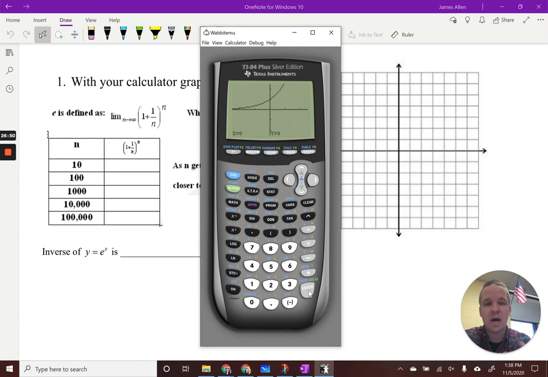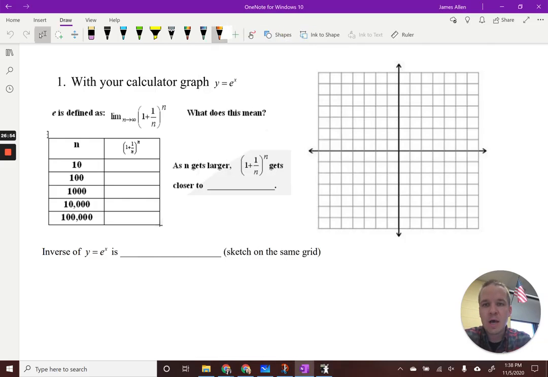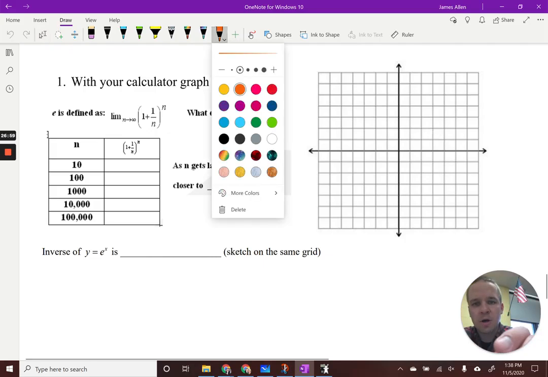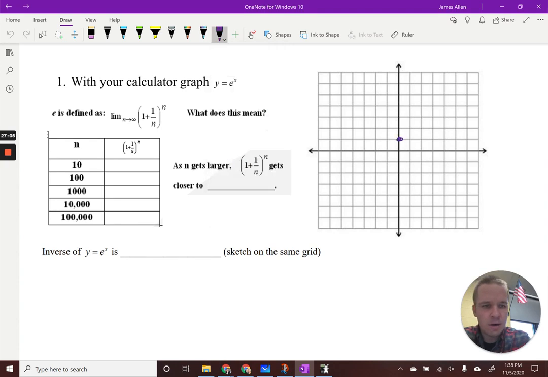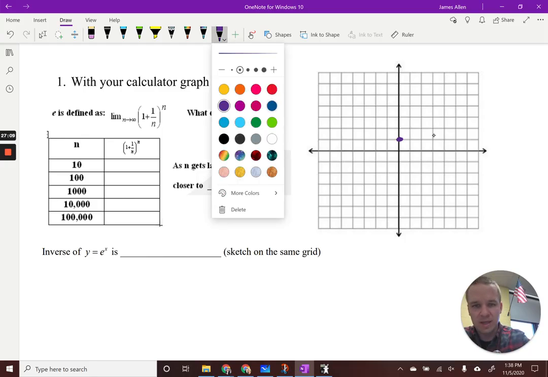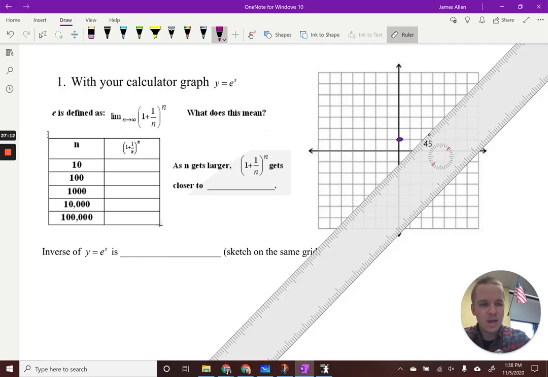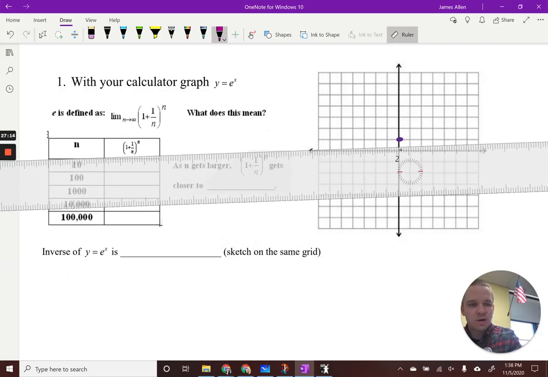So let's graph this in our notes on our xy coordinate plane. I'm going to go purple again. I'd be here at positive 1, and I could plug in some other values, but for now I'm going to put down the horizontal asymptote.